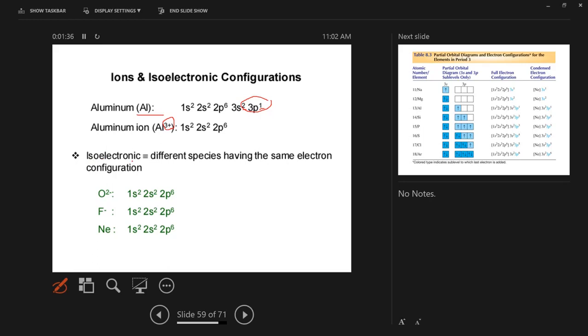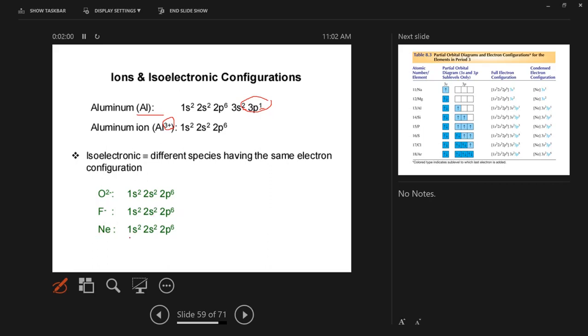And isoelectronic is different species having the same electron configuration. For example, here is oxygen. Oxygen 2 minus will be 1s2, 2s2, 2p6. F minus is 1s2, 2s2, 2p6.